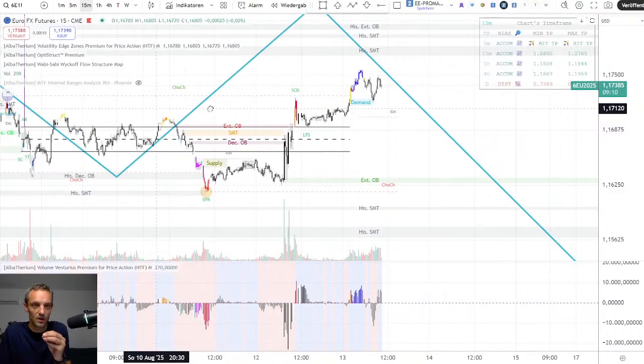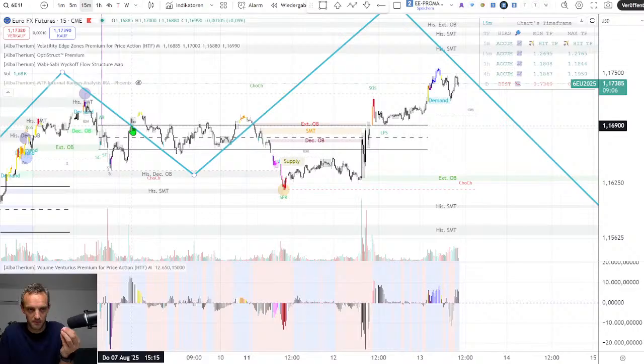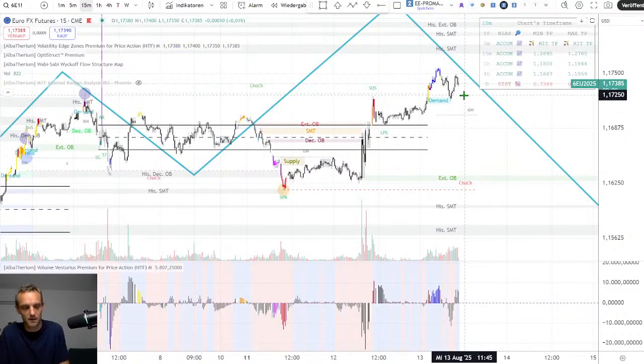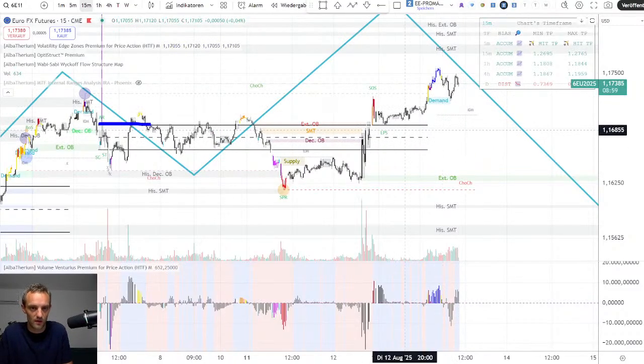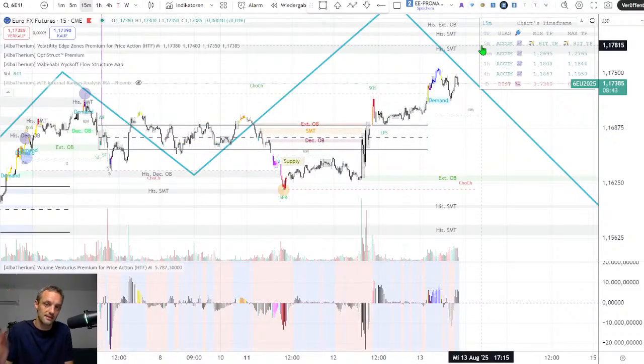Especially in the lower time frames, in the current version of the Wyckoff Flow Structure map, it is repainting the targets. So it just shows that here we have a very highly sensitive range. Let's take this range. And currently the market is moving in this direction to the targets.